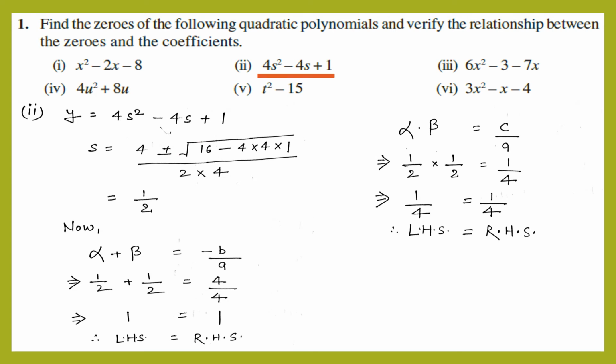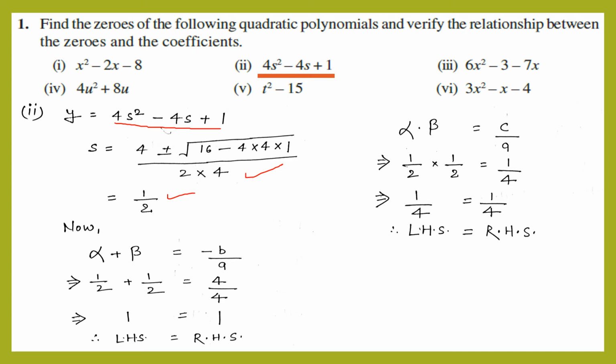Similarly, we will solve the second one. We have a quadratic polynomial 4s squared minus 4s plus 1. When we apply Sridhar Acharya's formula, you will get just one solution, that is 1 by 2.